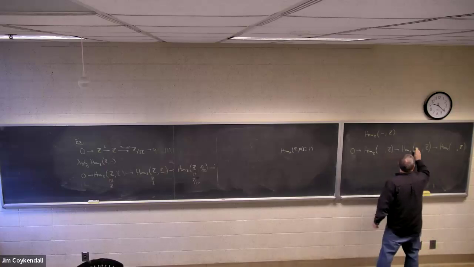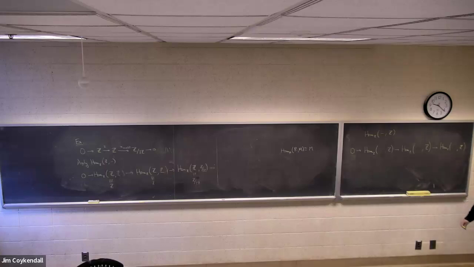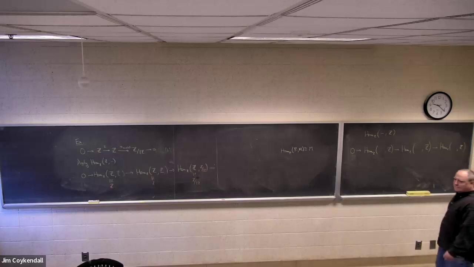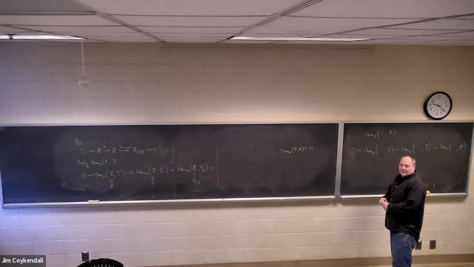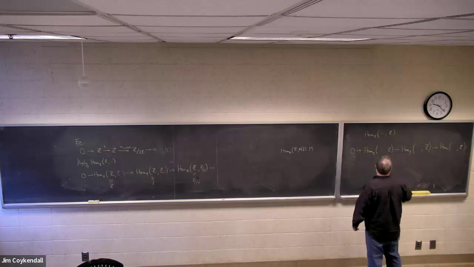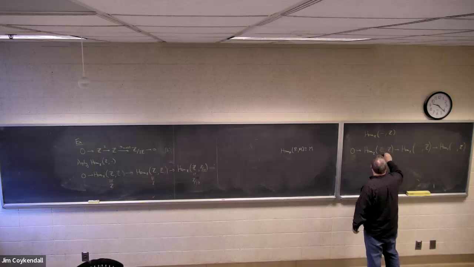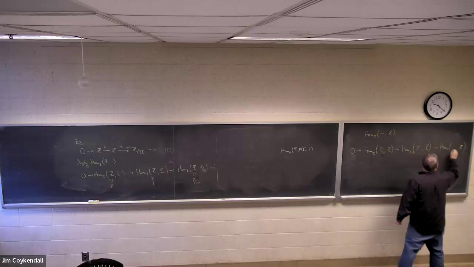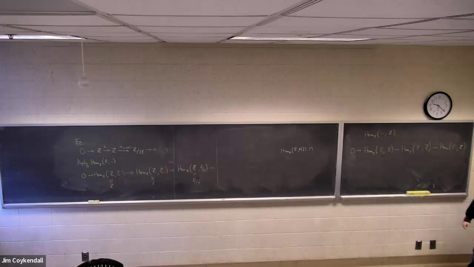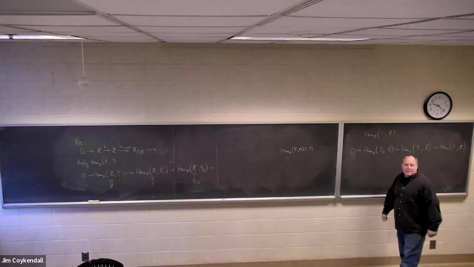What should I fill in here? This one has a little bit different character. This one is Ext1 of Z2. Now, what can you say about this?